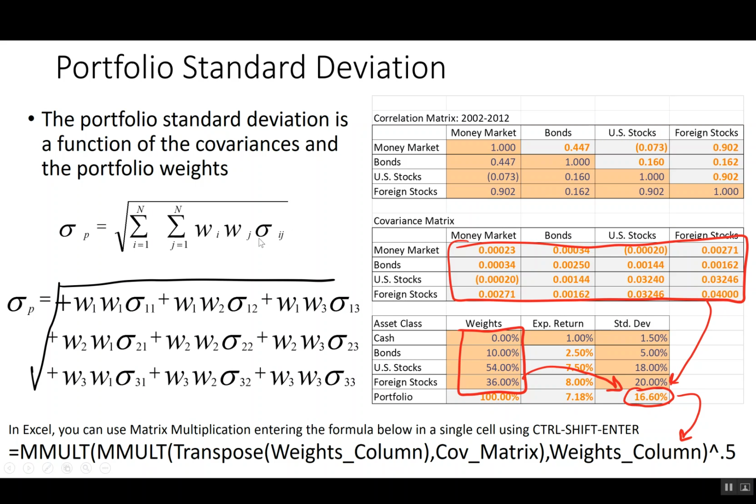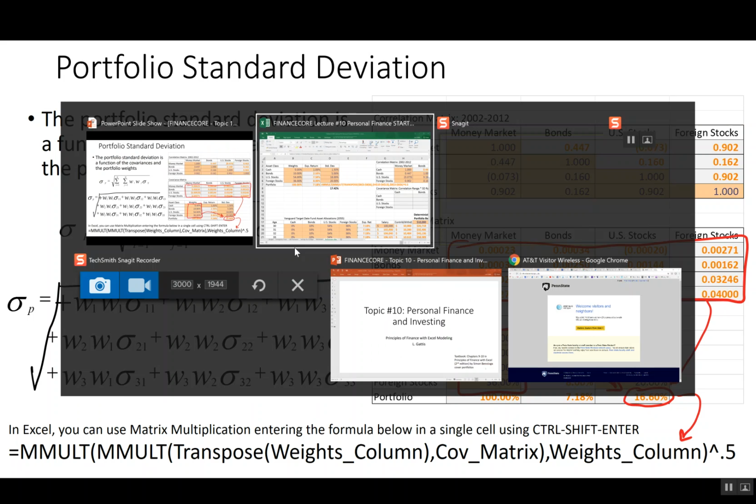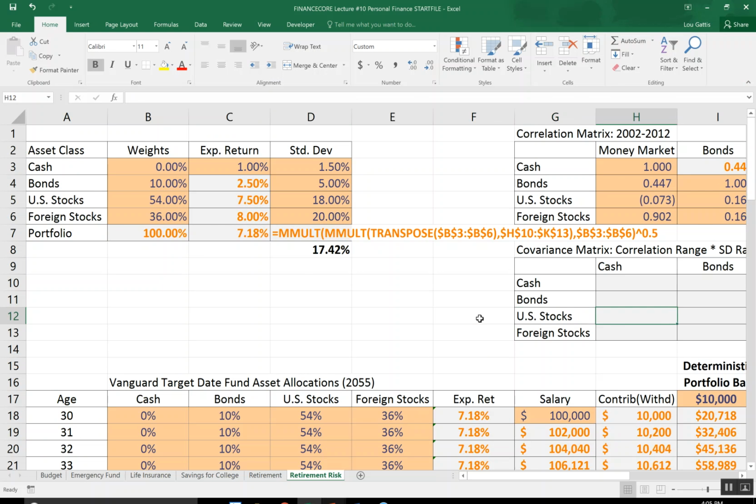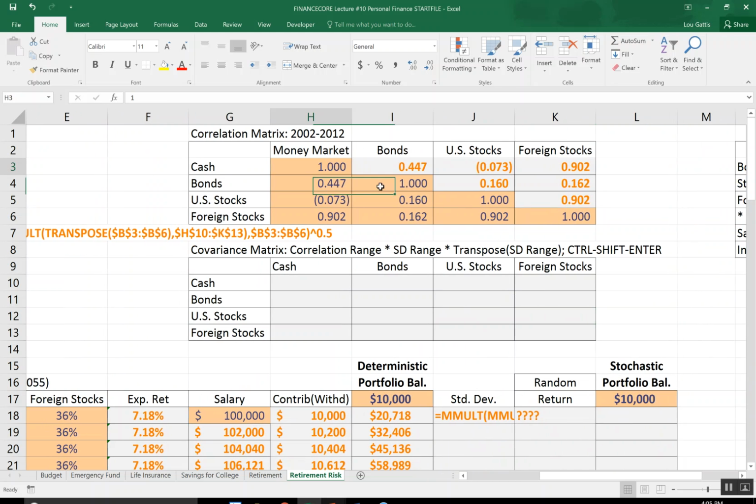Now, the covariance between each pair of assets is the standard deviation of each of the two assets times the correlation coefficient. So I'm going to go back to my worksheet. What I need to do is be given, as an assumption, certain correlations. I got these by estimating over 10 years, 2002 to 2012, just using the correlation function in Excel, and got these correlations.